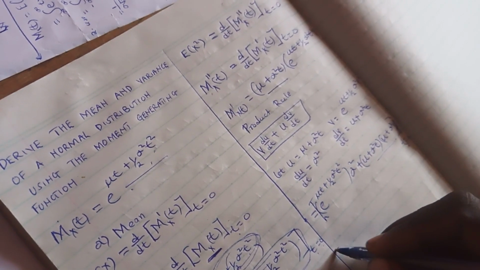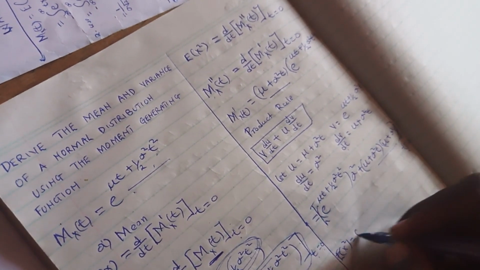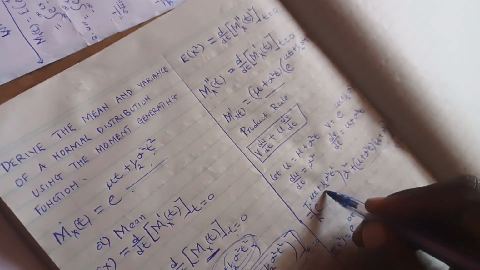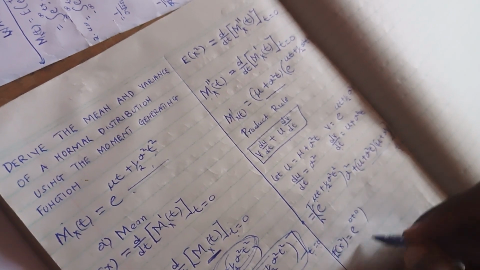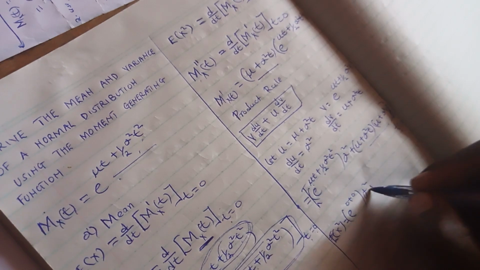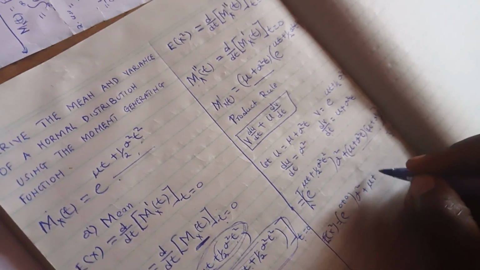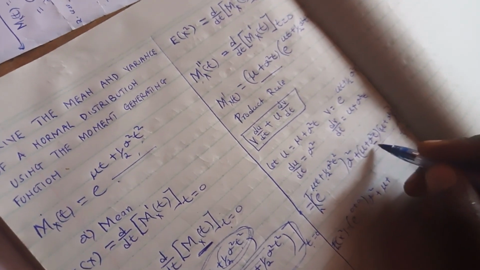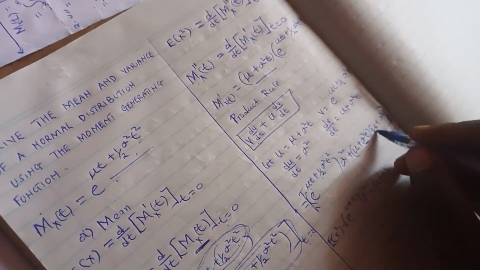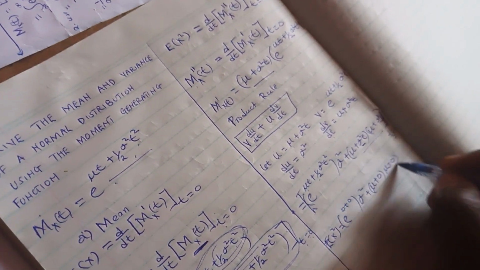Then our expected value of x squared will be the exponent, mu times 0, which is 0, plus this one is also 0. Then we have sigma squared. Are we getting it? Plus, this one is mu, plus sigma squared t is going to give us 0, then this one is going to be mu, plus 0.